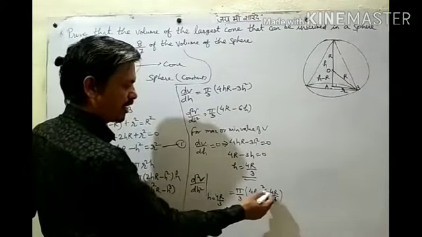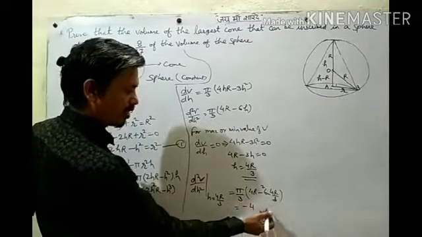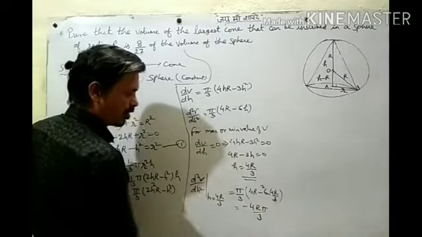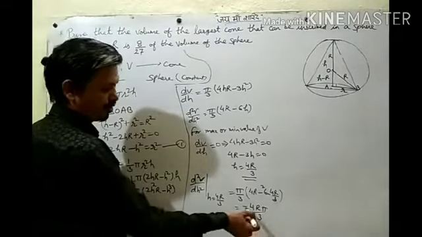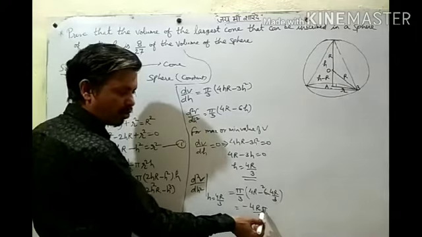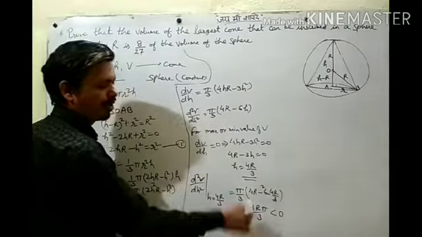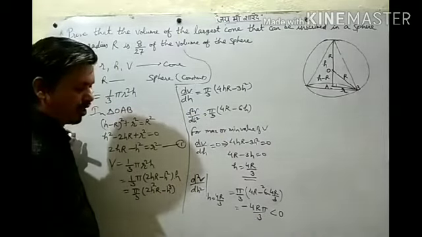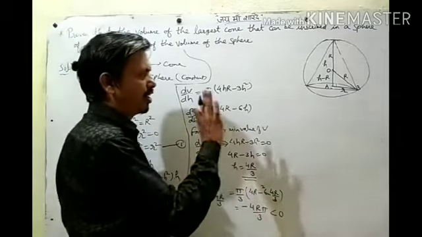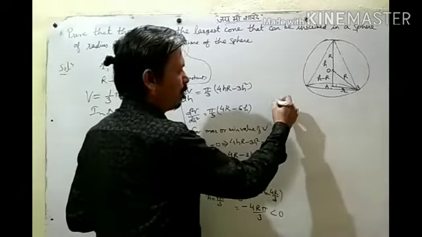Then 4R minus 8R will be minus 4R. So this is our value of d2V by dh square, and R is always positive, pi always positive, so the value is negative for each R. So by the second derivative test, h equal to 4R by 3 is the point of maxima, meaning your volume is maximum.